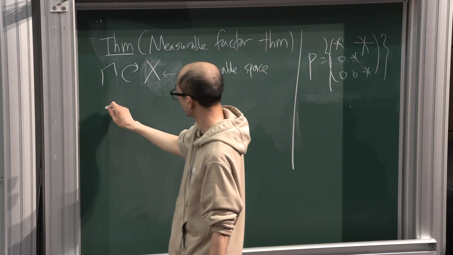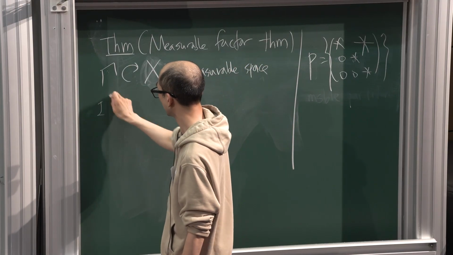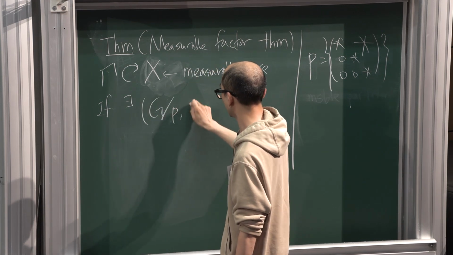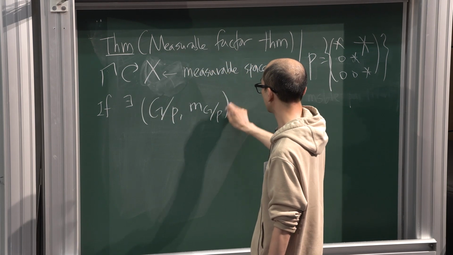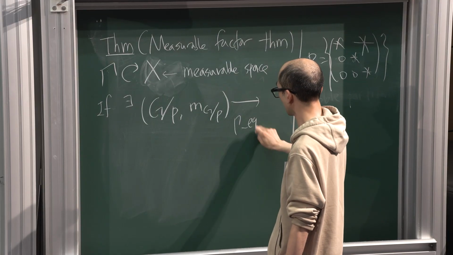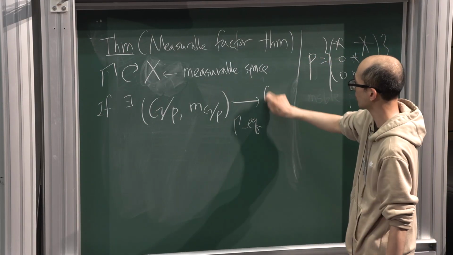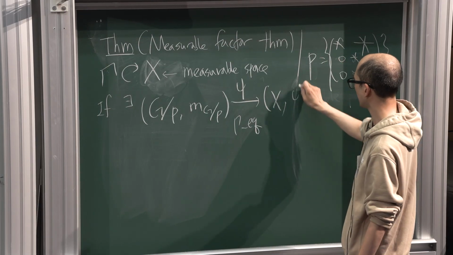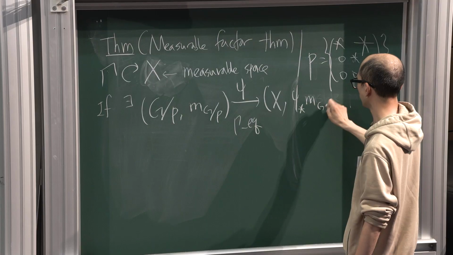And assume that there exists a gamma-equivariant factor map from X to, let's say, psi, and psi star m g mod p.